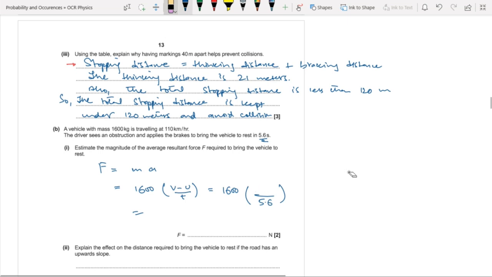So that should be 31 from the above calculations. That is 8,857. However, we should keep the answers to two significant figures, so 8.9 kilonewton or 8,900 newtons. Okay, moving forward.